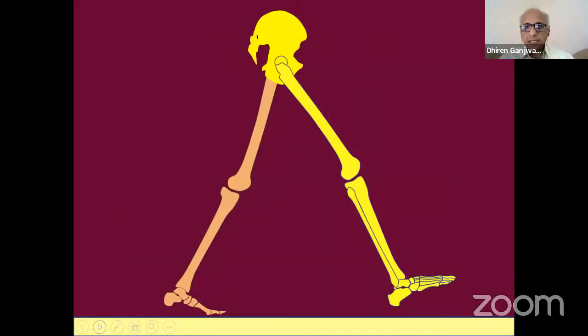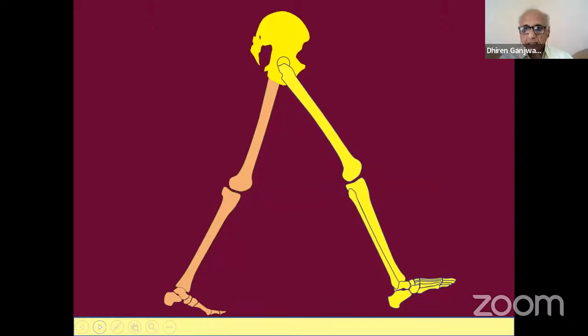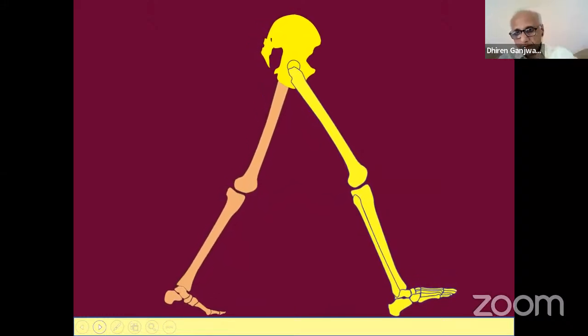We saw that at the end of the gait cycle, this is how the limb comes and touches the floor. The ground reaction force is generated and it goes towards the center of the body. The black dot shows the center of the knee joint, and the ground reaction force is behind the center of the knee joint. So it will produce flexion at the knee joint.